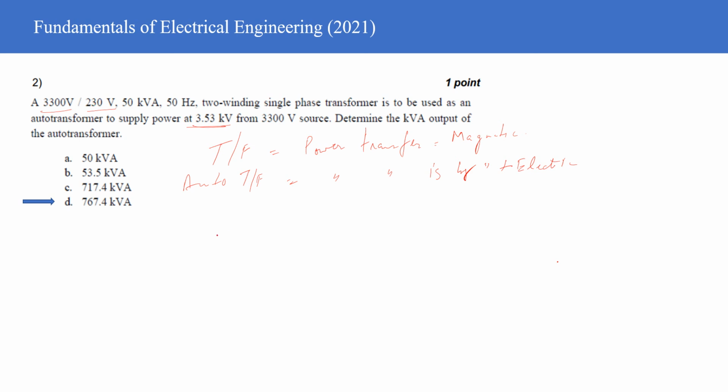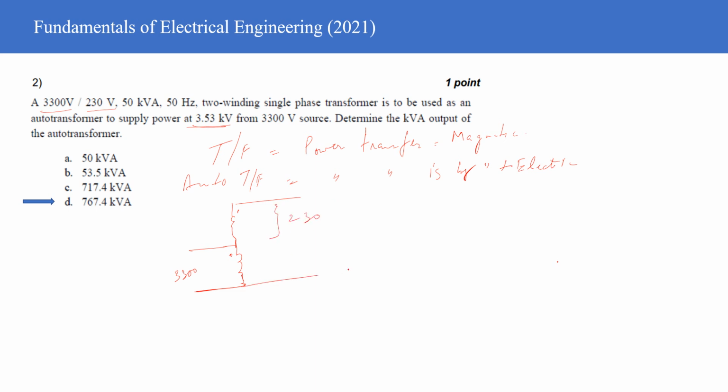So we have seen in dot convention that if the dots are in the correct fashion, then the voltage can add up. So here you had a dot, and here if you have a dot, then overall the potential will add up. So this was 3300, correct? And this thing was 230.